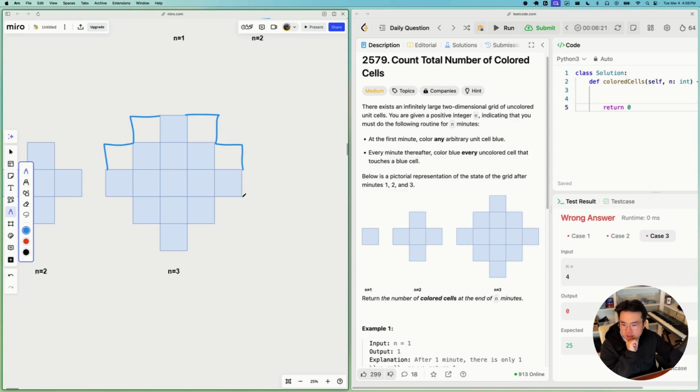So it would look like that, right? It would look like this. Then it would look like this.